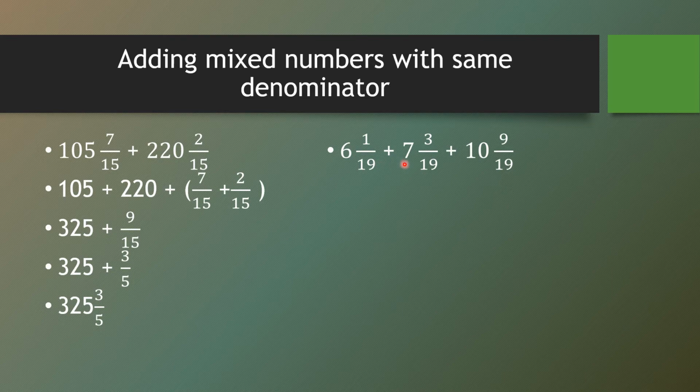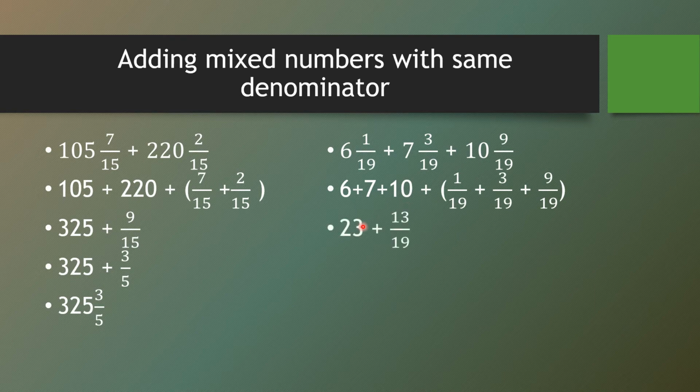So 6 plus 7 plus 10, plus 1 by 19 plus 3 by 19 plus 9 by 19. So here 6 plus 7 plus 10 is equal to 23, plus we will add these numerators because the denominators are the same. 1 plus 3 plus 9 equals 13 by 19.